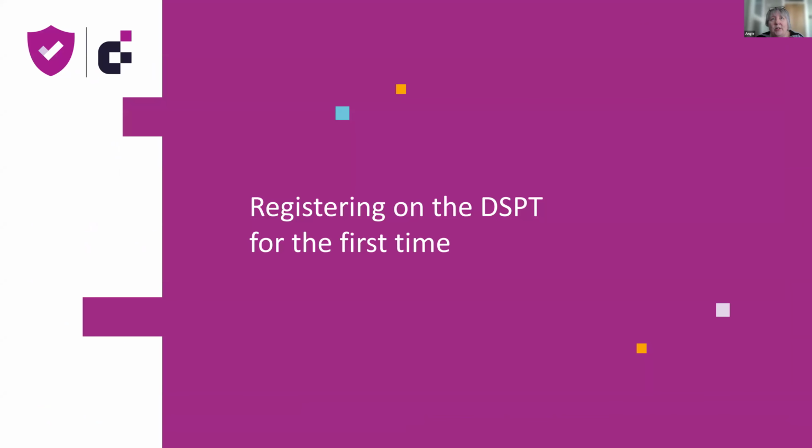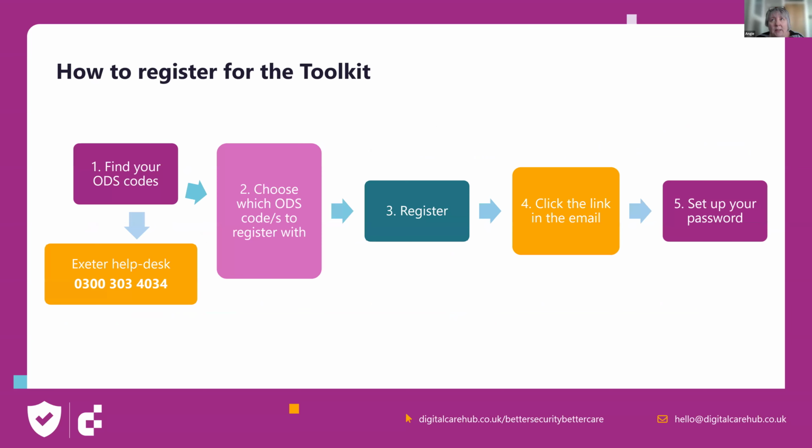So we're going to look at registering for the first time. So this is for people who have not completed or not registered. We're just going to go through a little bit of the procedure. All CQC registered social care providers will have an ODS code. That's an Organisation Data Service code, and this is used by the NHS to provide health and social care organisations with a unique code.